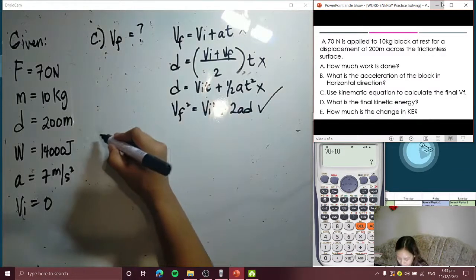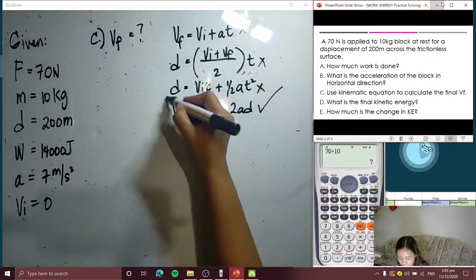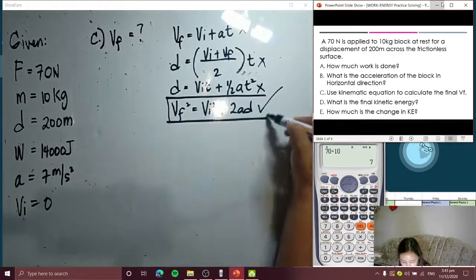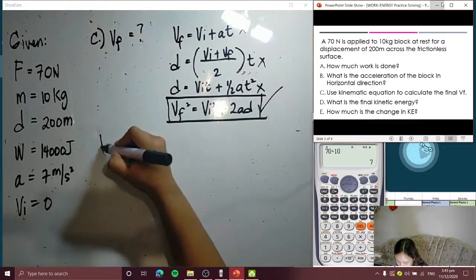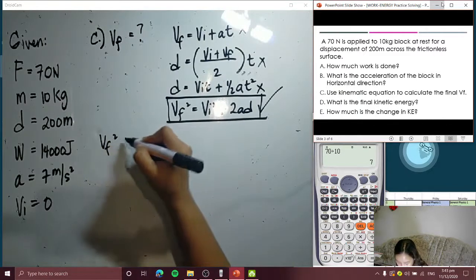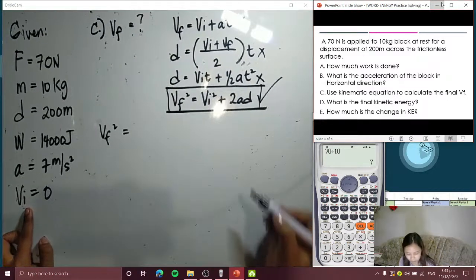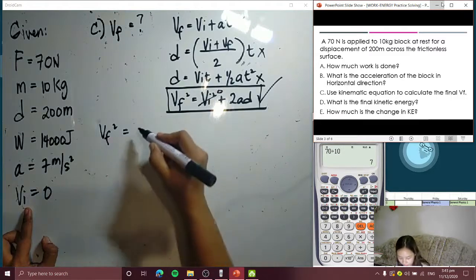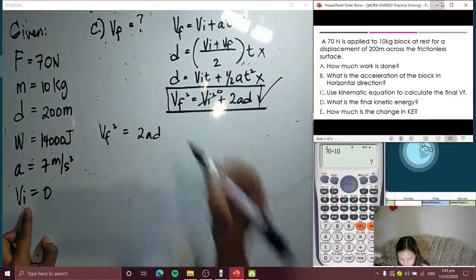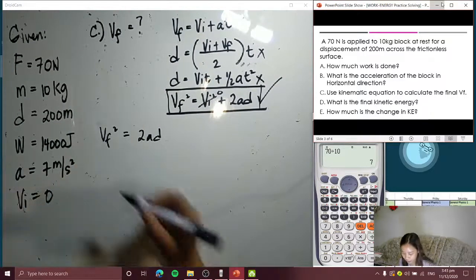Here, let us directly substitute, since this is the equation we will use. We substitute our values in the equation. So, Vf squared is equal to, take note that your V sub I is equal to 0, so it cancels, and we are left with 2ad. Now, let us solve for our final velocity.